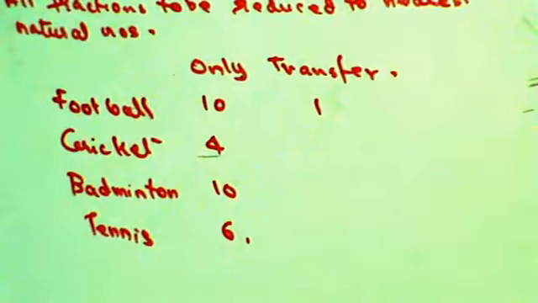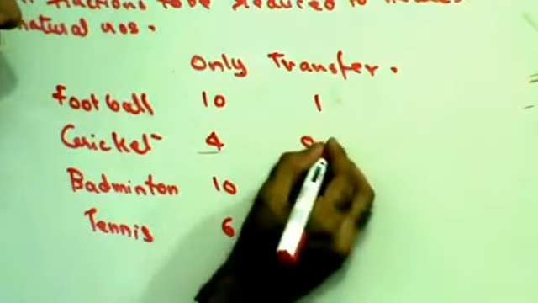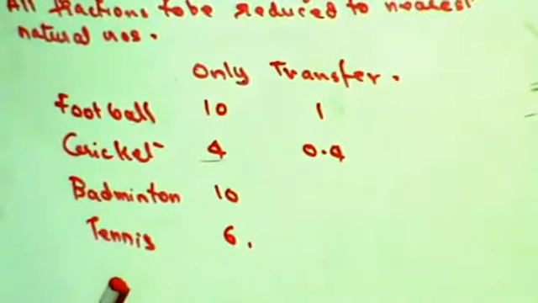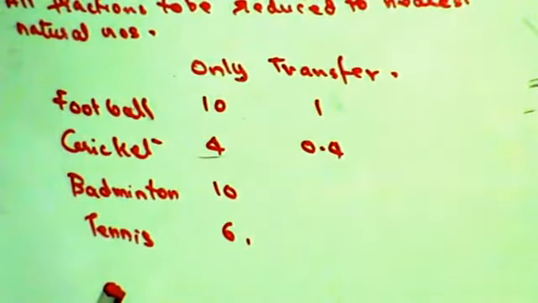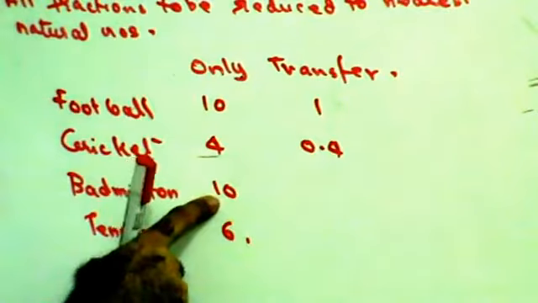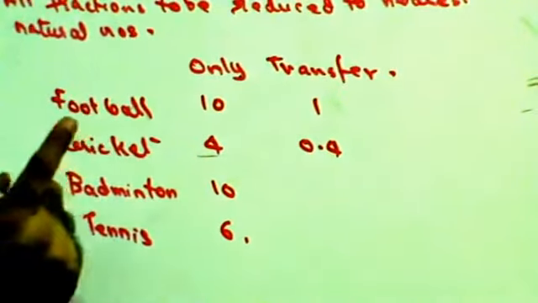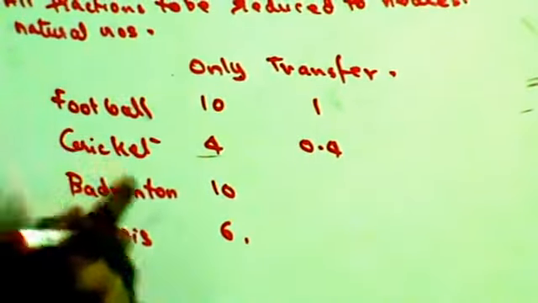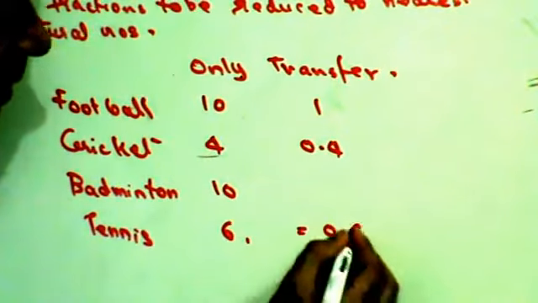From cricket to badminton, you have 10% transfer, which is going to be 0.4. From tennis to badminton, you have 0.6.